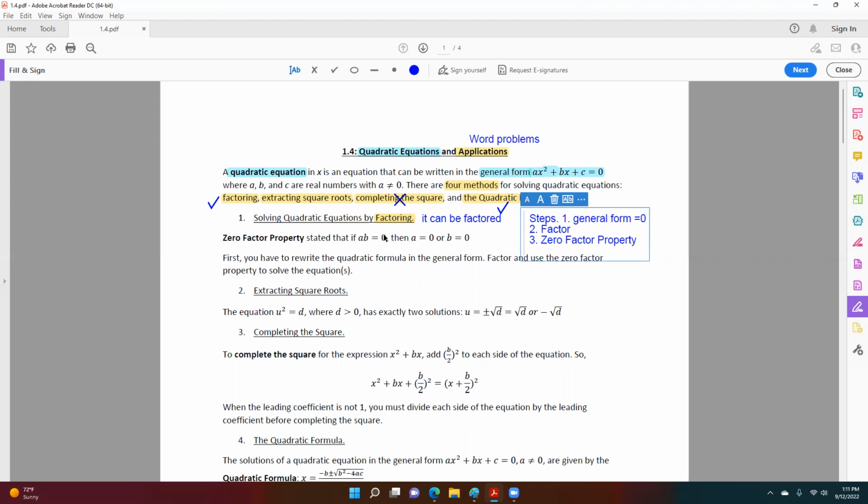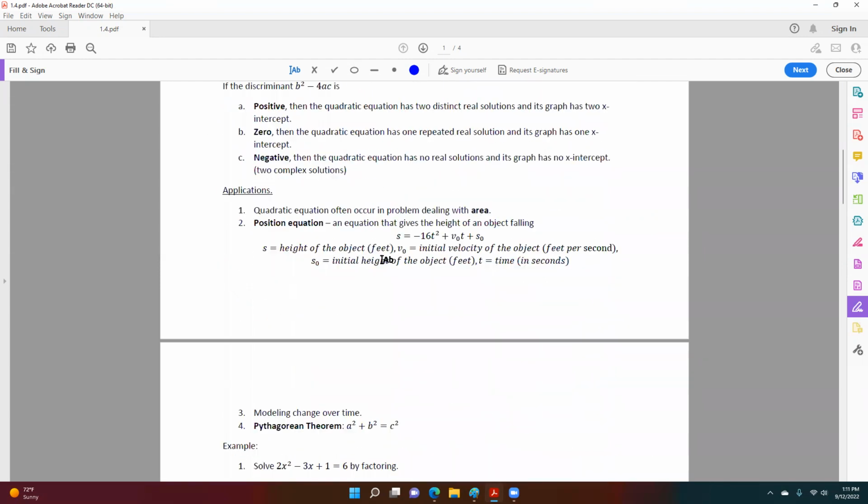And the last thing is you just need to solve. So these are the 4 steps if you want to do it by factoring. This is how we're going to do example number 1.